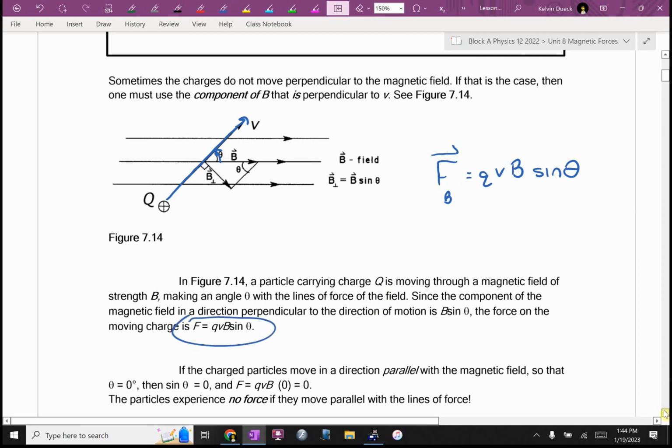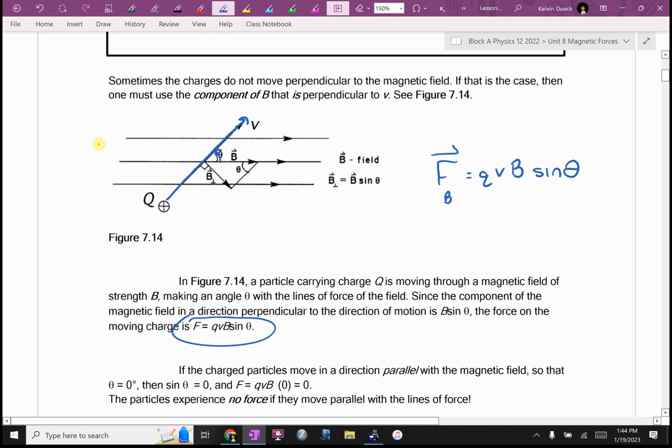What if they're moving parallel to the magnetic field? If they're moving parallel, what's angle theta between them? It's meant to be really obvious. 0. What's the sine of 0 on your calculator? 0, no force.